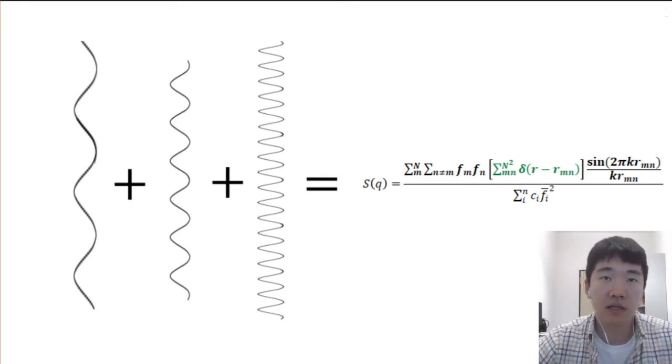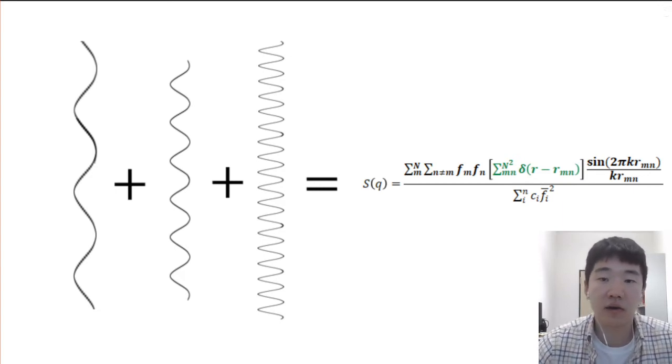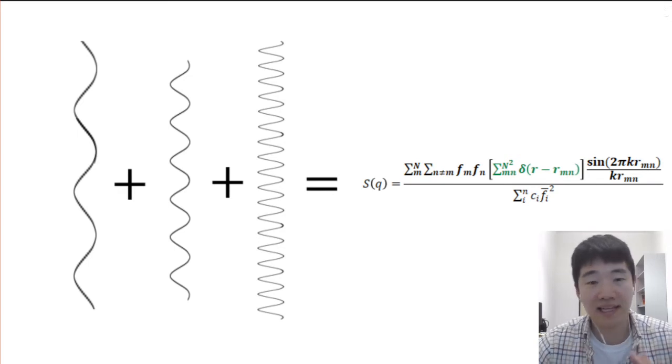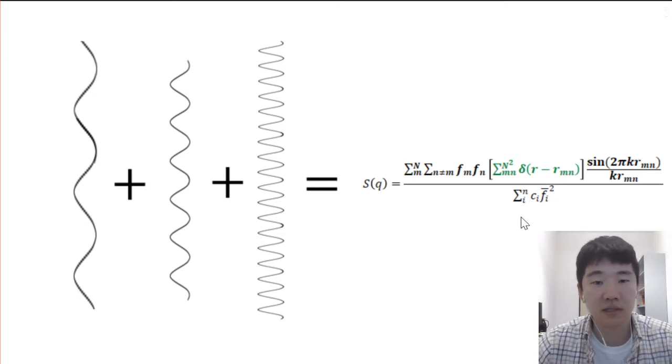So in reality, we need to compensate and normalize for such rising influence from the Q vector point of view. So this is just normalization, and the most important thing is we have the pair distance information here, and the sine wave there.